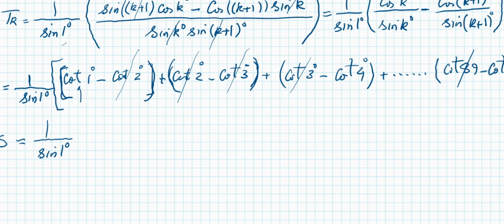So the first term is cotangent of 1 degree minus cotangent of 90 degree. But cotangent of 90 degree is 0.